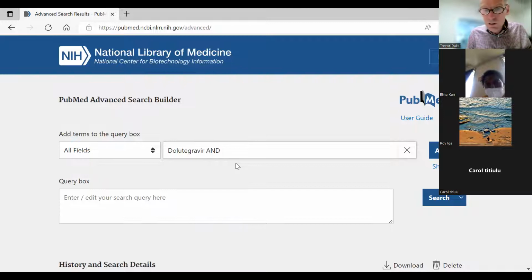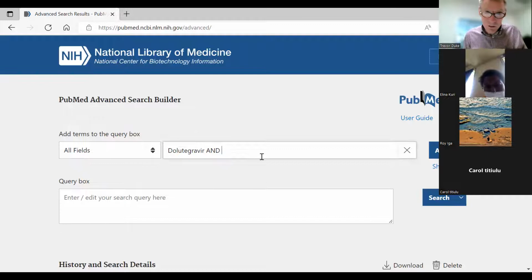And so then you can put in, if you put in big capital letters, it's called Boolean logic. If you put in big capital letters like that, you'll get only papers that have one term and another term. If I just searched on dolutegravir, I'd probably get up 50,000 articles.